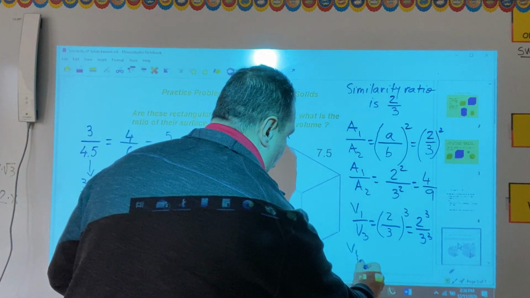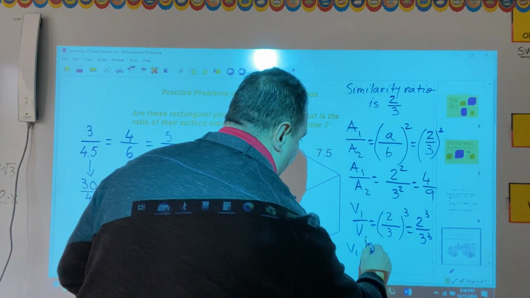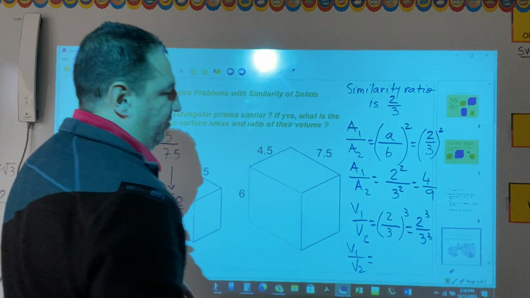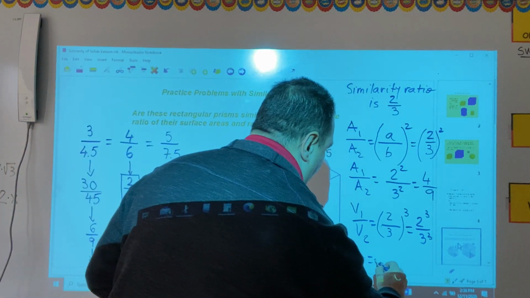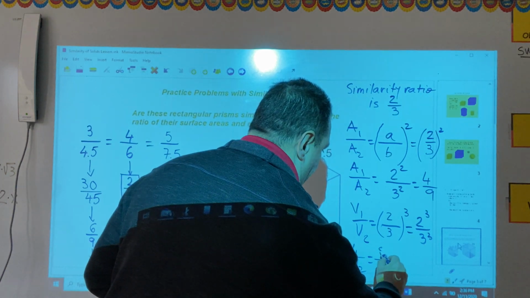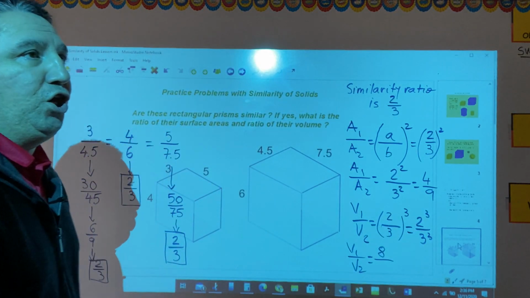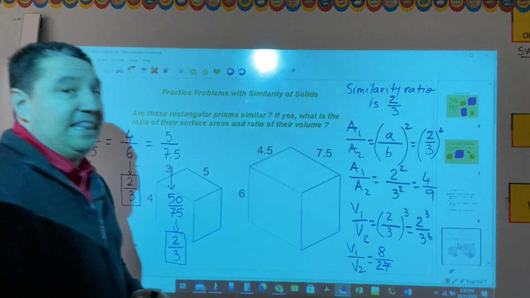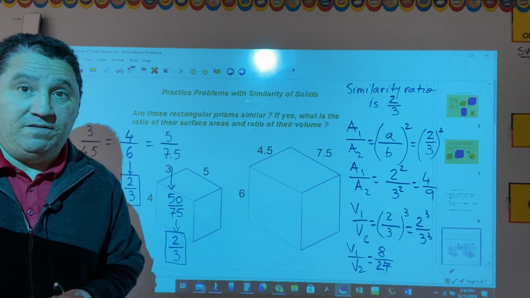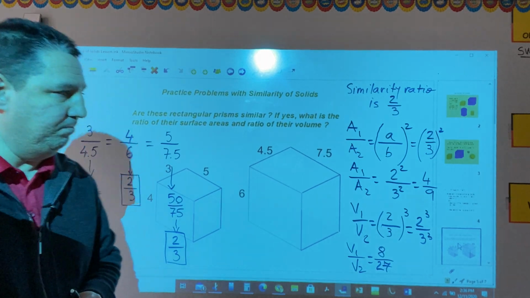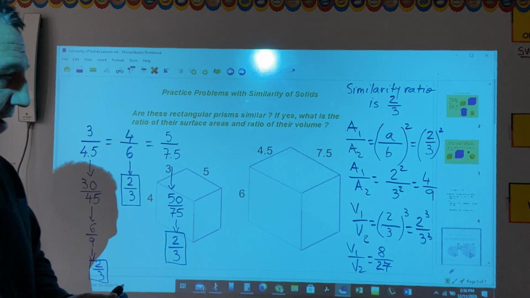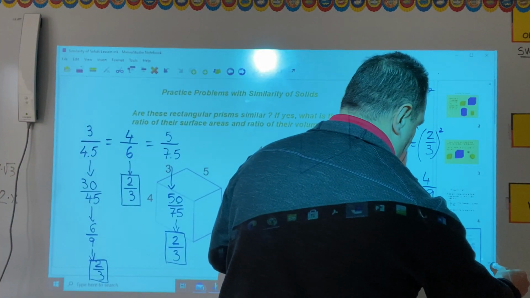So at the end, we get V1 over V2, the ratio of their volumes. 2 cubed is 8, and 3 cubed is 27. That's the ratio of their volumes. Now let's have another example.